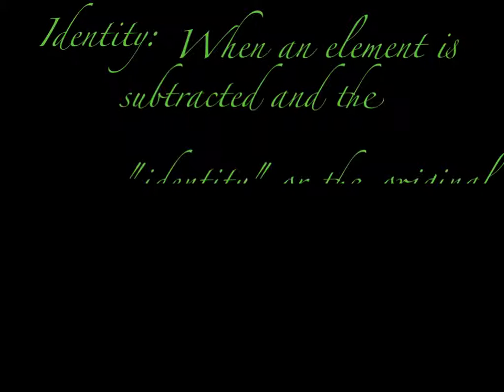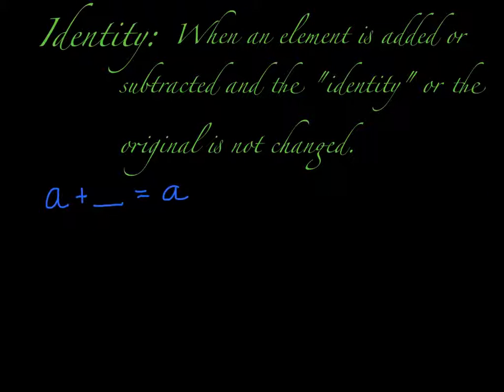So let's look at the identity property of addition. If I take any real number A, what do I add to it to get A? That would be 0. So 0 is called the additive identity element.